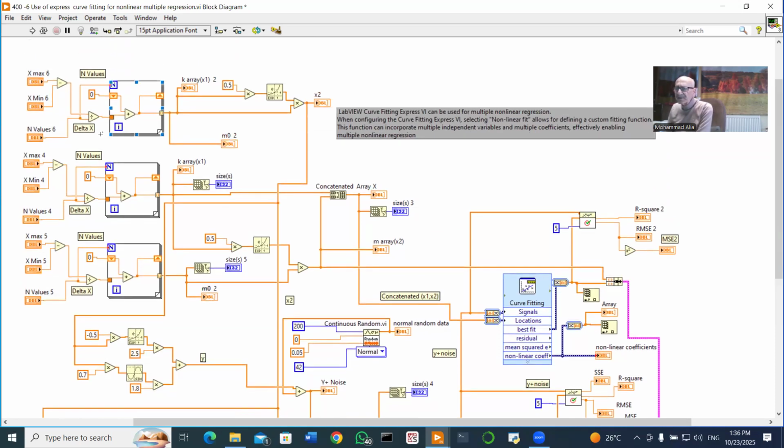Well, a different thing here in this example, the generation of the synthetic array, which represents x1 and x2, is now taken differently. I did not use the ramp by sample function. I have used another simple block diagram here, where you define the minimum value of X, the maximum value of X, the number of samples which you want, and again, through this small for loop, you get the output here.